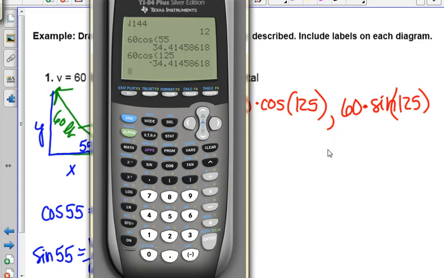You won't ever have to remember to change it to a negative. It'll do it for you. So the components will be negative 34.4 and then 60 sine of 55 or sine of 125. What are we getting? Yeah, it should be the same thing either way, right? Because the y value up and down is the same.